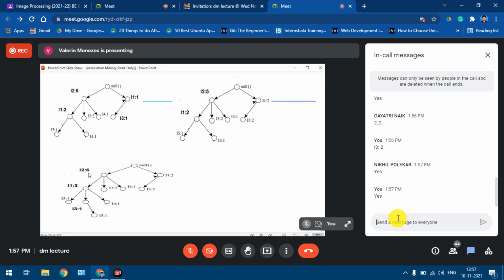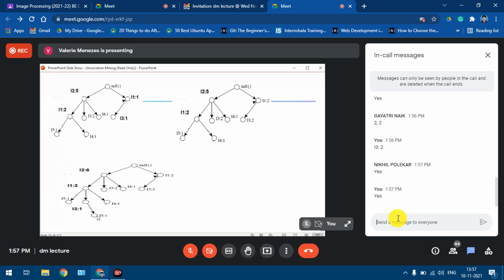The counts are updated as 6 and 3. Is this clear? Now this is traversed 3 times, I3 and I5 are traversed only once.